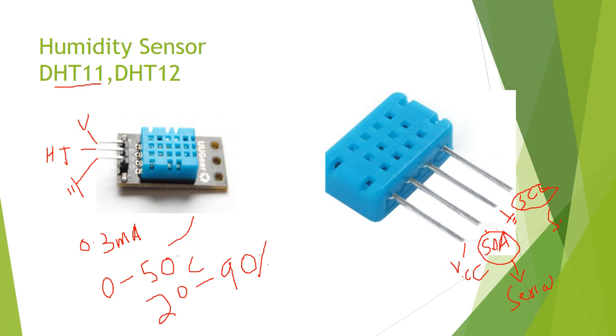So actually what happens is that we use these two pins when we have two different things, like LCD or OLED screens, attached to your microcontroller, and this humidity sensor DHT12 is also attached to your microcontroller.